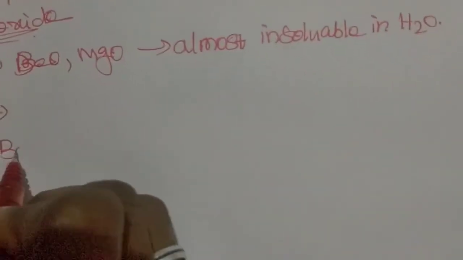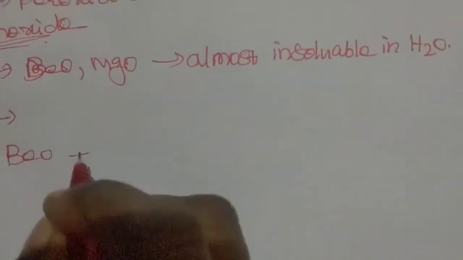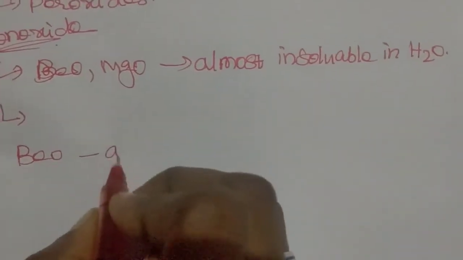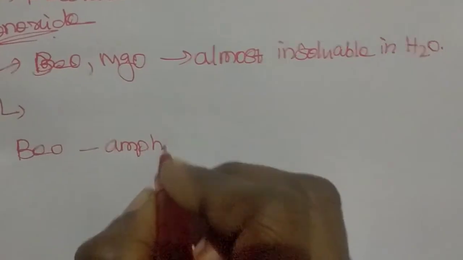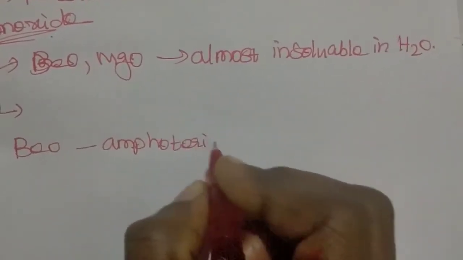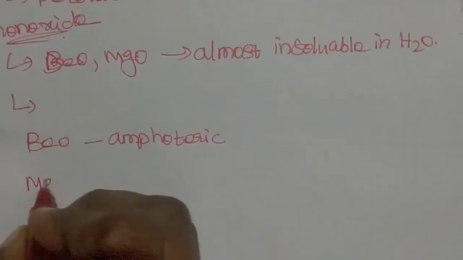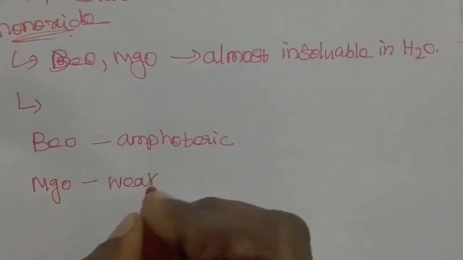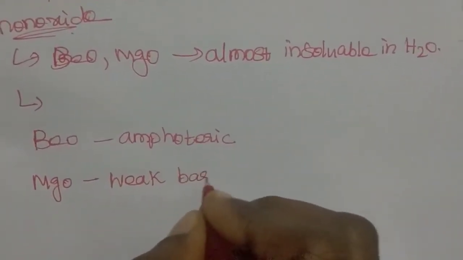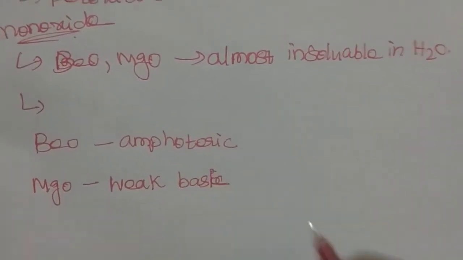Then the oxides of these metals have different characters. Beryllium oxide is amphoteric in nature. We know that beryllium is an amphoteric compound, so its oxide is also amphoteric in nature. And magnesium oxide is a weak base, a weakly basic compound.